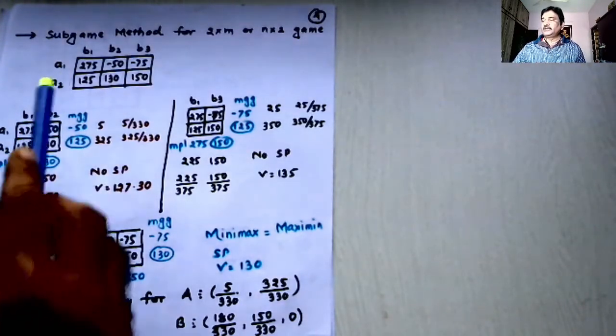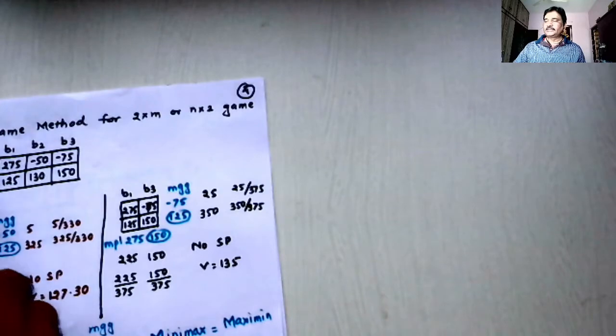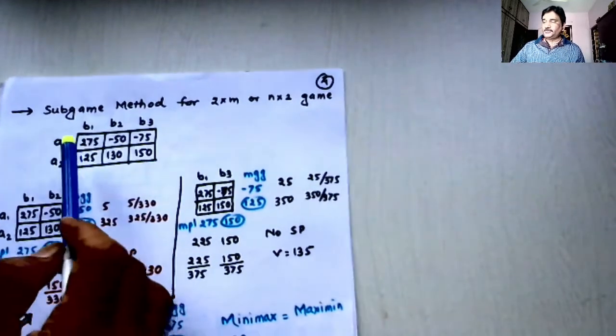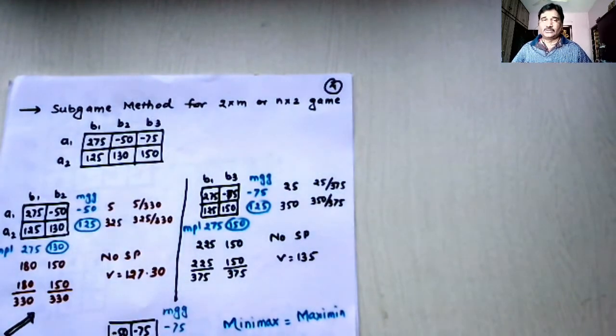For example, here is a game in which player A has two courses of action available and player B has three courses of action available. The arithmetic method will not be useful for solving this game. But there is one principle that the number of courses of action used by any player is decided by the player who has fewer courses of action available to him.